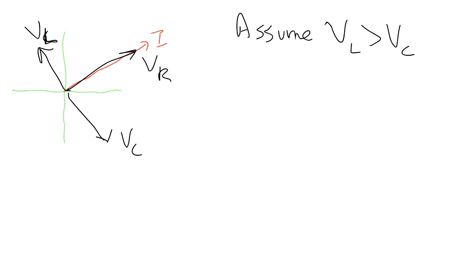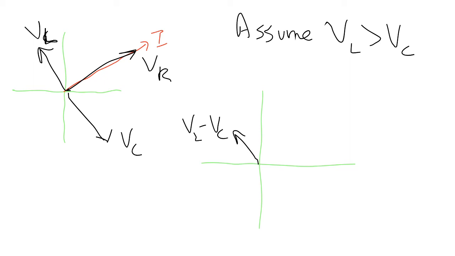I don't know for sure, but it doesn't really matter because, hopefully you'll see why it doesn't really matter which one we assume. So if VL is bigger than VC, then if I add them together, I add them like vectors. Think head to tail here. The sum is going to be a phasor in this direction with this magnitude of VL minus VC.